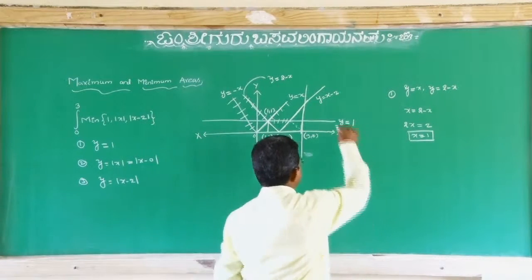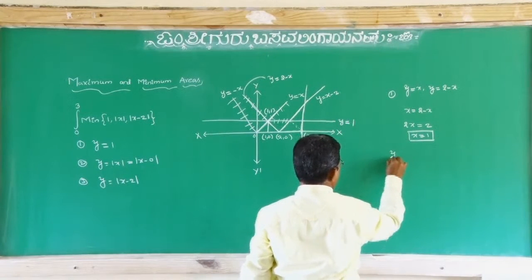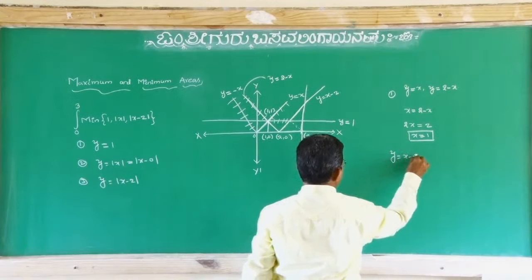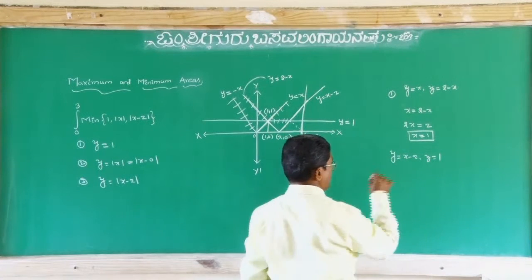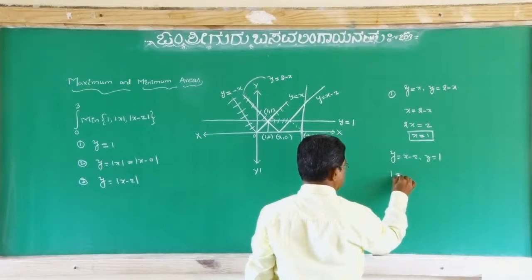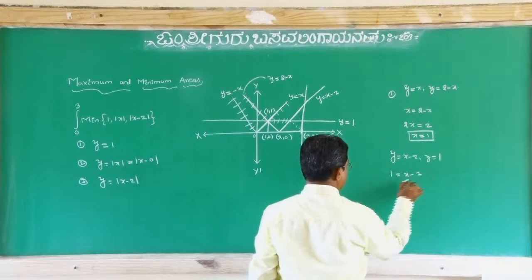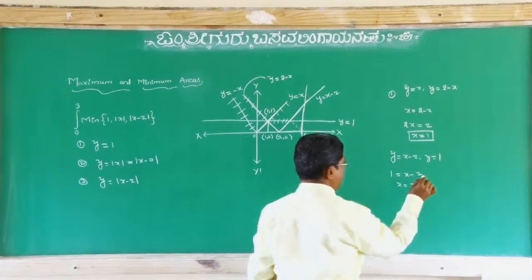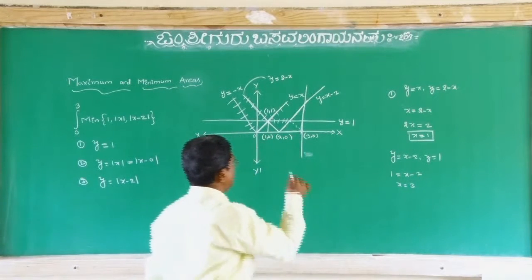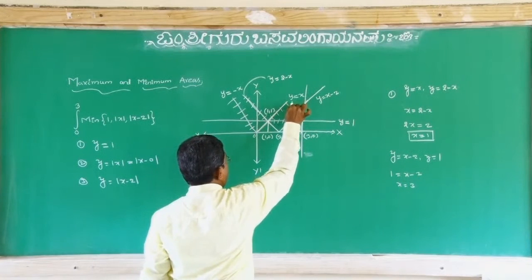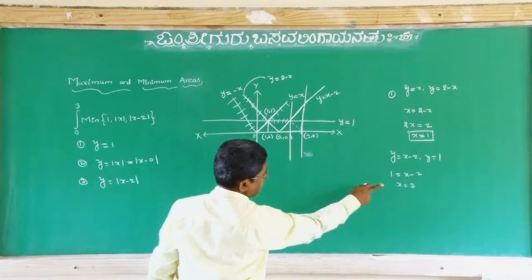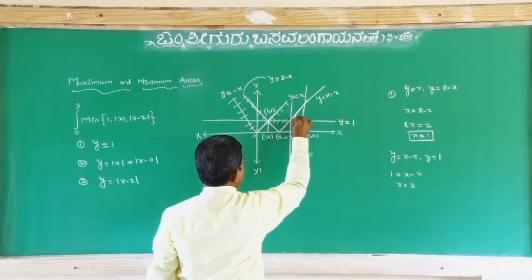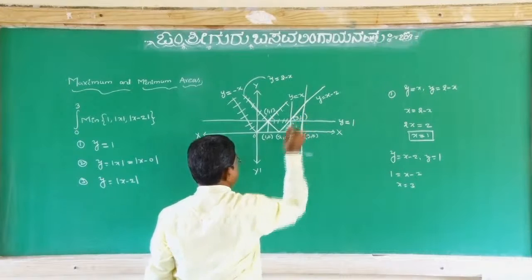In this case, solving the line y is equal to x minus 2 and the line y is equal to 1, solving these two, we get the point of intersection. 1 is equal to x minus 2, so x is equal to 3. Now come to the point, this is our point of intersection. When x is equal to 3, y becomes 1.